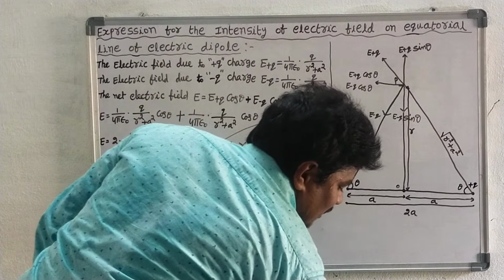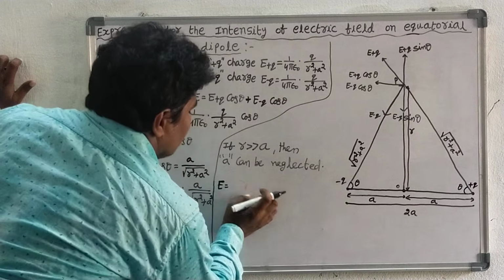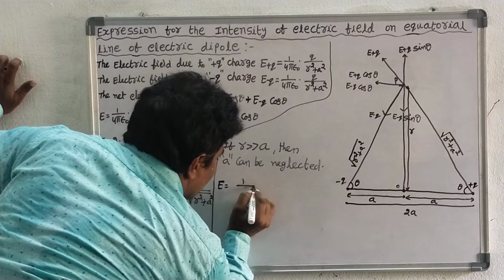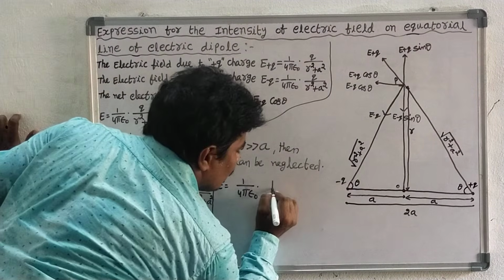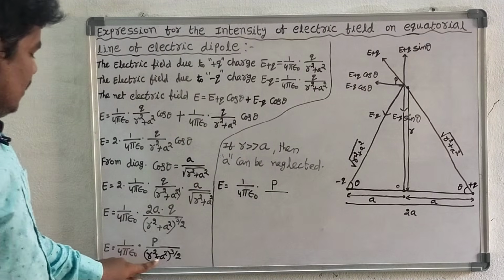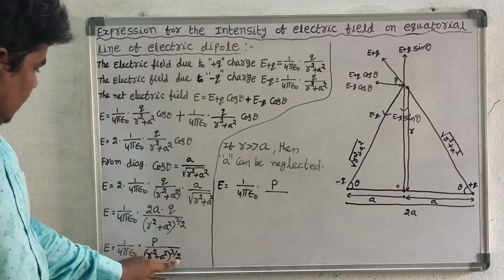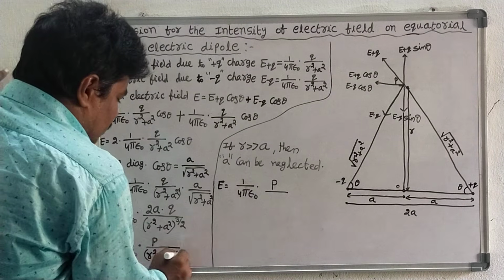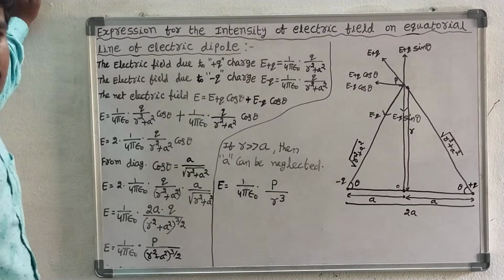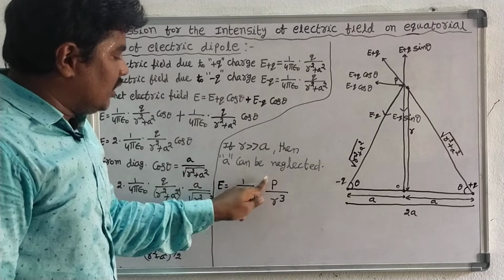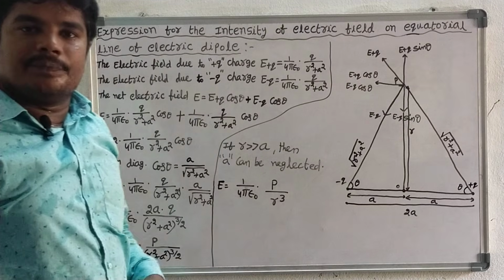Then finally we get E is equal to 1 by 4 pi epsilon naught into p by, a square can be neglected, then we get r square whole to the power of 3 by 2. R square, that square cancelled. Then we get r cube. So 1 by 4 pi epsilon naught into p by r cube. That is the net electric field.